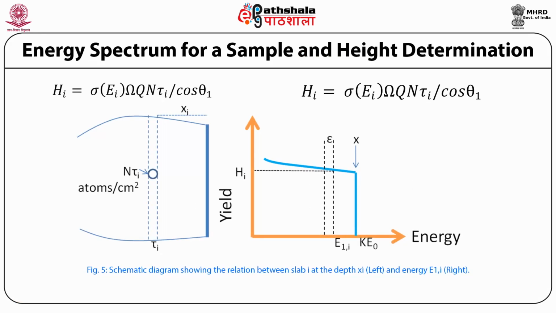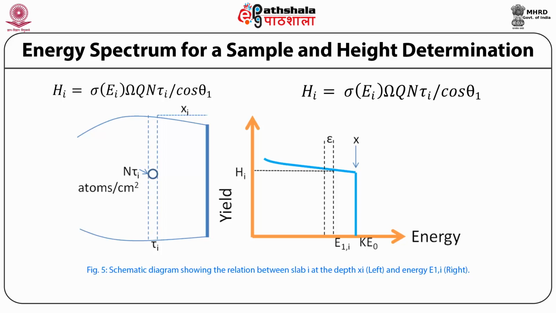The main goal is to find out the energy width zeta and the position E1I of channel I in the energy spectrum indicated in figure 5 by correlating the number of counts Hi to the number of scattering centers per unit area N tau I in the slab of thickness tau at depth xi, which corresponds to the energy of a beam of normal incidence.